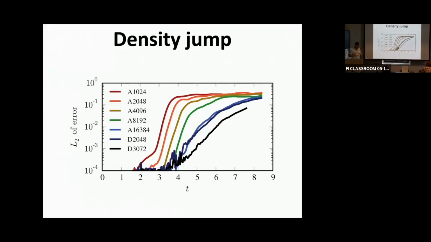From my point of view, to summarize, this is something to keep in mind: at the same resolution, meaning the same number of numerical degrees of freedom, so the same number of Fourier modes as grid points, the spectral code is slow. People say spectral codes are slow, and that's true. It's at least 10 times slower than a finite difference code at the same number of degrees of freedom.